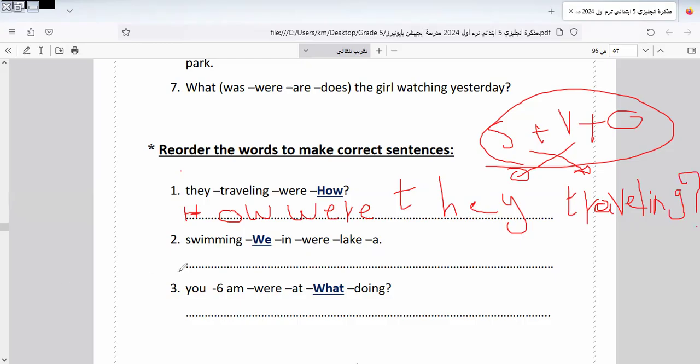Let's go to another question. We were swimming in the lake. Here it will be we were swimming in a lake, and I put a full stop at the end of the sentence.